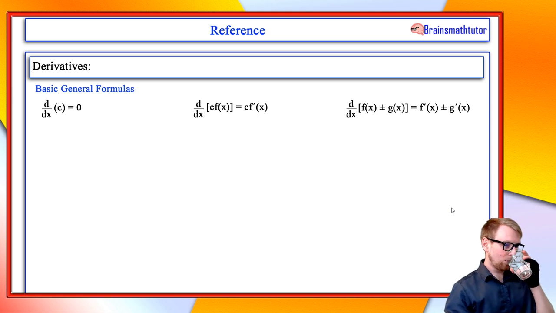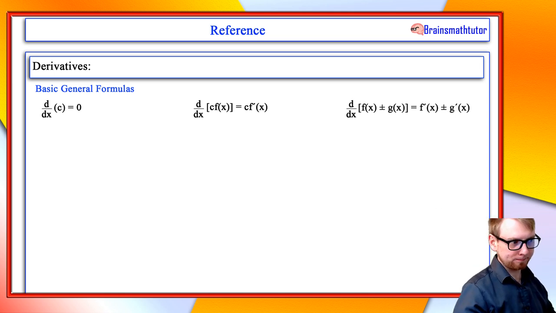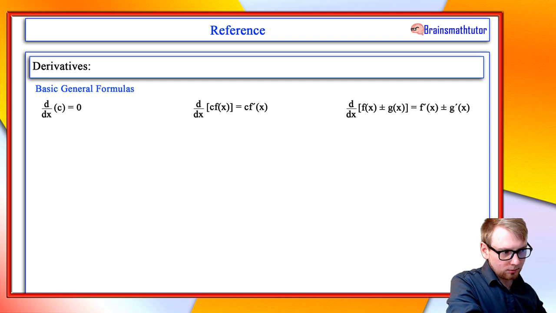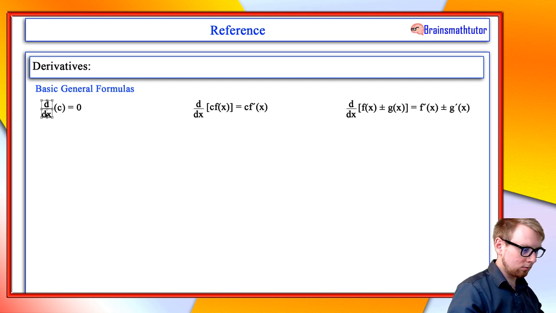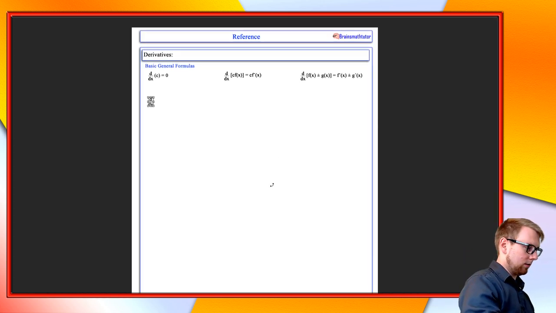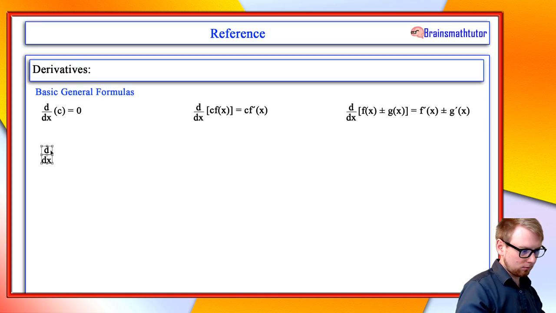I'll just keep working on this. I have to always kind of check and see the size of it. Closer. Yeah.